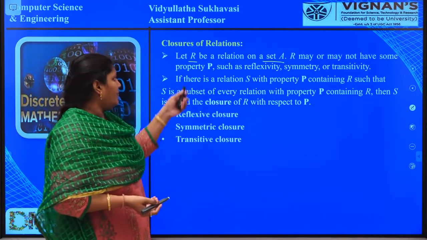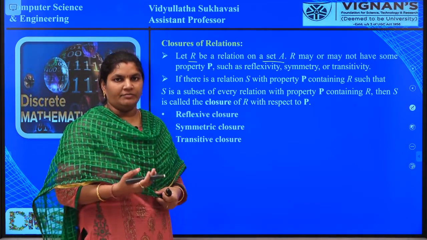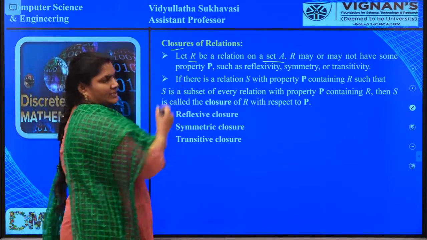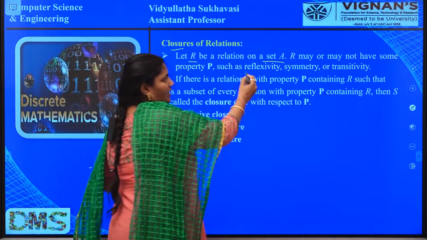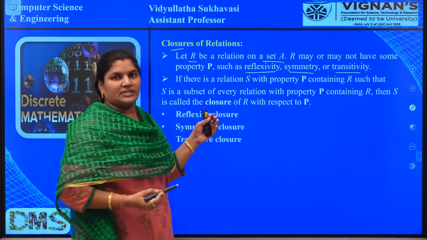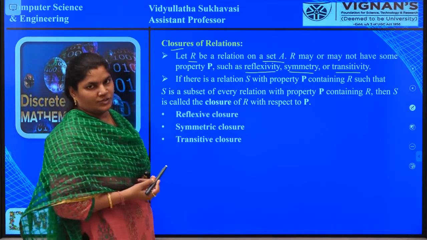So for the relation R, what properties do we have, and for what properties can we apply closures? We will see now. We have reflexivity, symmetry and transitivity. For these three properties of relations we can apply closures.